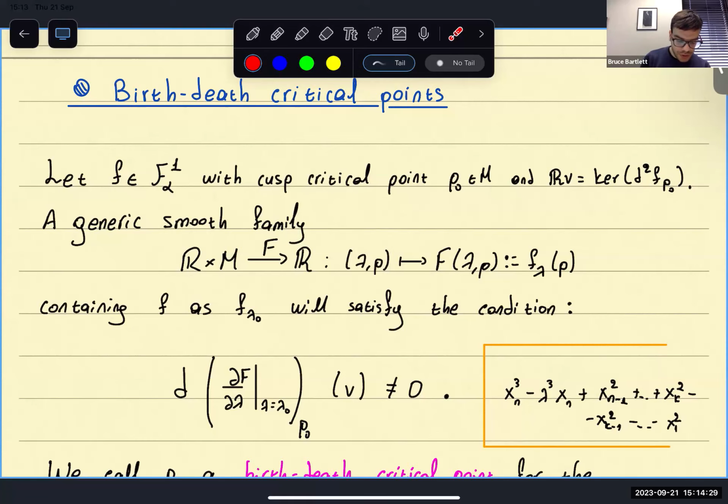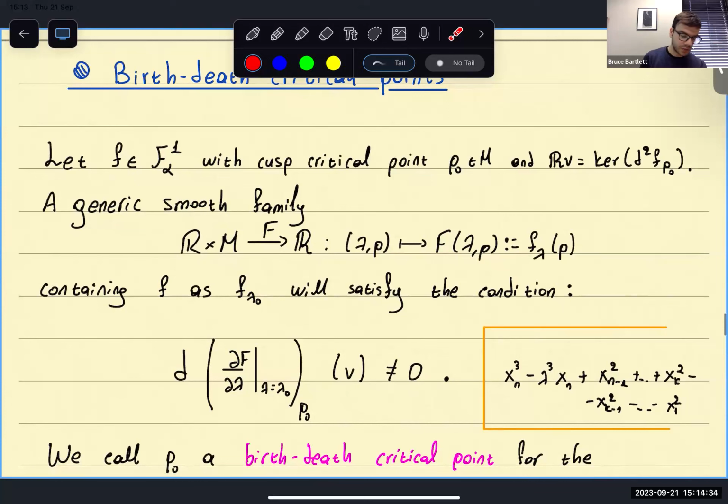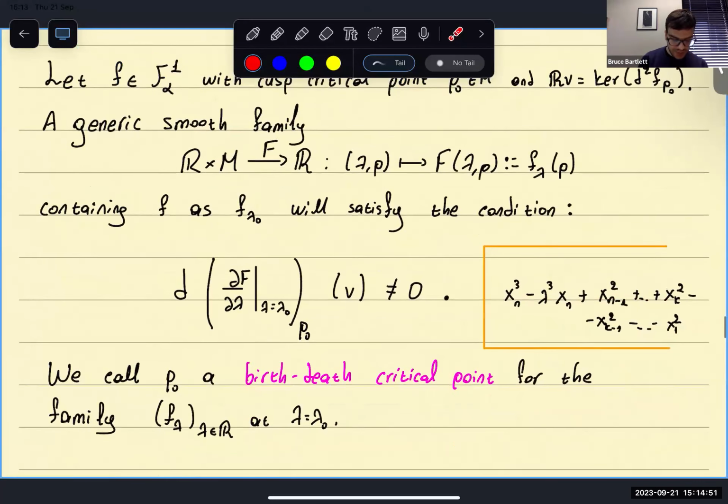I want to consider a smooth family, a smooth path that contains my little f as f sub lambda 0. So at time lambda 0, the relevant function in the family is f. So I have this condition here, which is basically the condition that I have drawn.